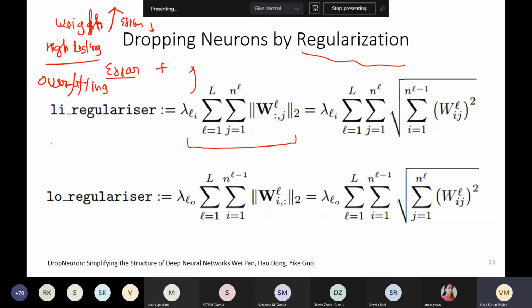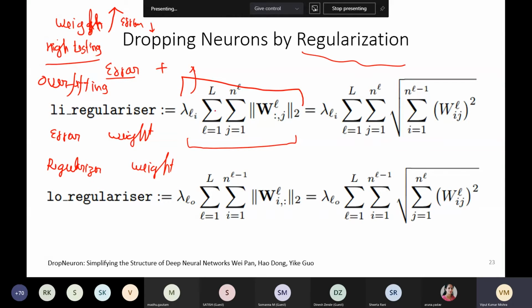So let me write it here. Error and weight. And regularizer and weight. Right. So you can check, if this becomes part of your loss function, this value will increase whenever your weight value increases, right?